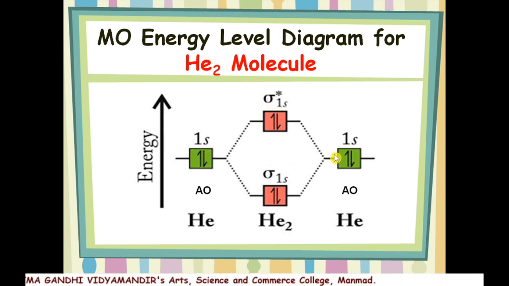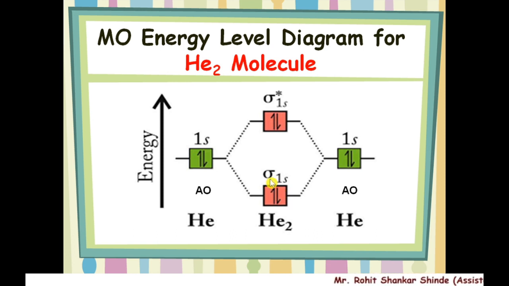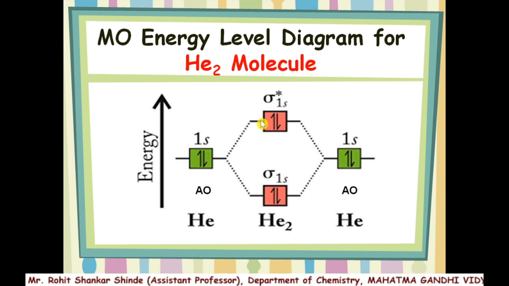Out of these 4 electrons, the first 2 electrons are occupied in the bonding molecular orbital. The bonding molecular orbital can accommodate only 2 electrons. So the next 2 electrons go to the anti-bonding molecular orbital as shown here.